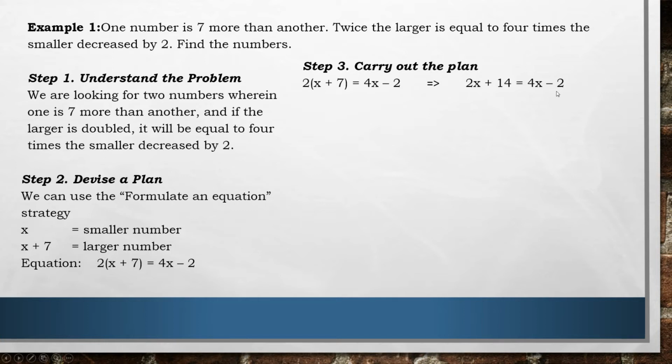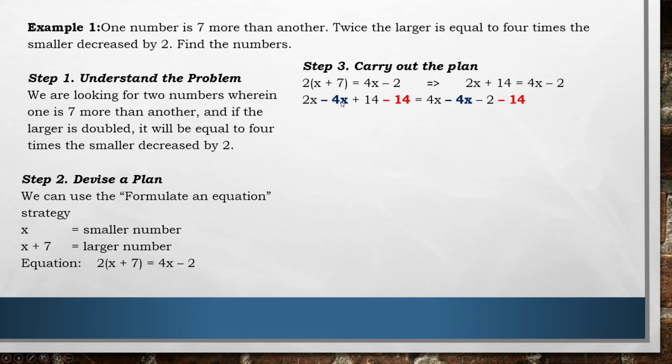After that one, we are going now to solve for the value of x. So 2x minus 4x plus 14 minus 14 equals 4x minus 4x minus 2 minus 14. So where did we get this minus 4x here? We are going to subtract 4x from both sides for us to remove 4x.